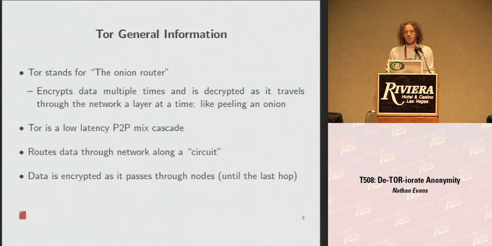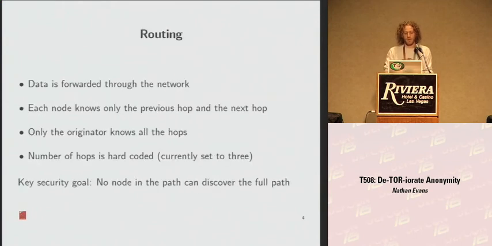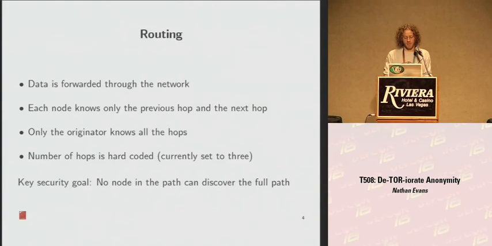Also, all data in the network is sent encrypted between Tor nodes. The routing in Tor is an important part. Basically, each Tor relay server accepts incoming connections from other Tor servers or clients, and it just forwards that information on to the next node in the series, or to the final destination if it's the exit router.